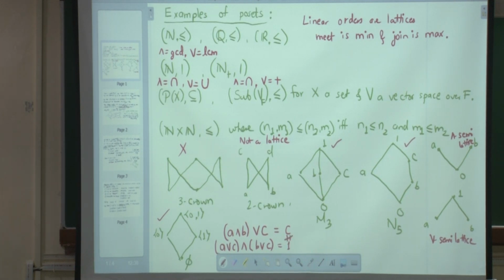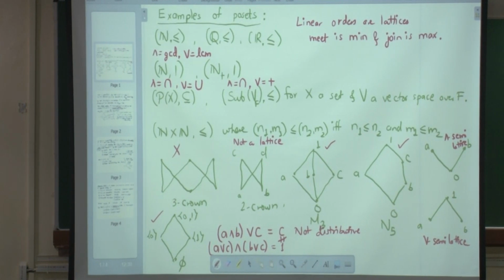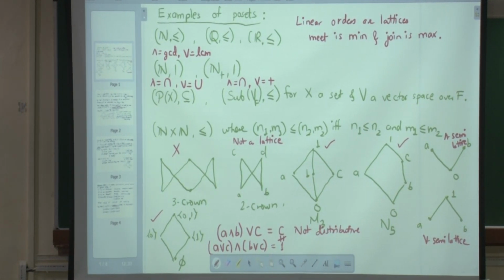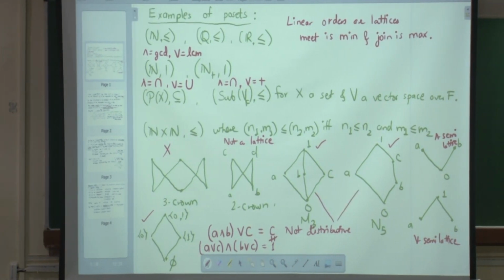So M3 is not distributive. And similarly, I invite you to verify that N5 is not distributive. Both of these, M3 and N5, are not distributive.